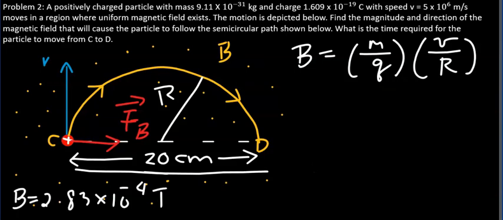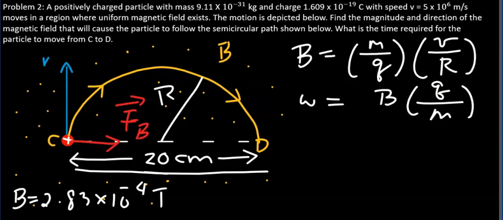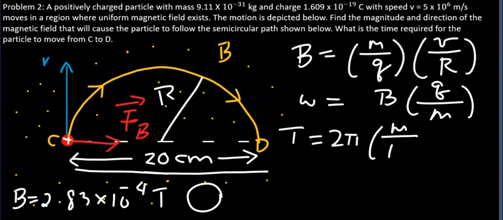Next, time the particle takes to complete the semicircle. Now we know omega, the angular frequency, is given by the magnetic field times q over the mass. So for the full period, that is for the charge to go the whole complete circle, will be 2 pi times m over Bq.